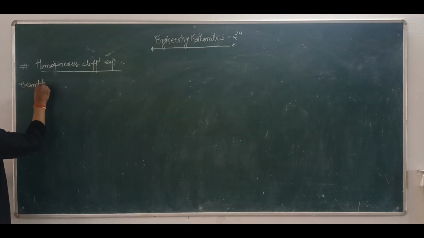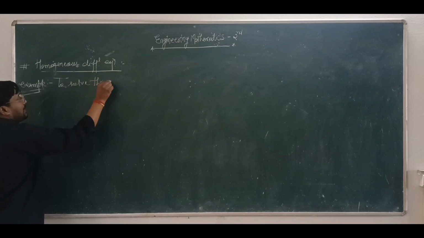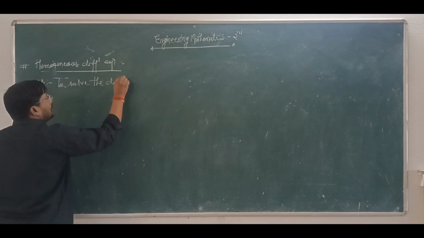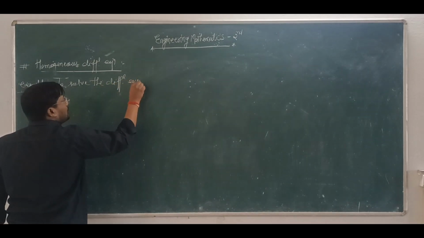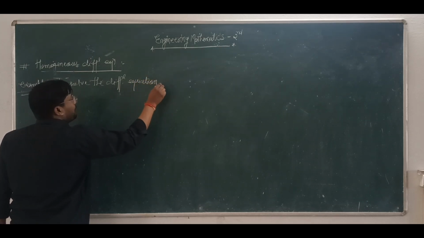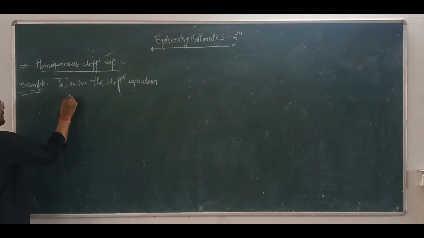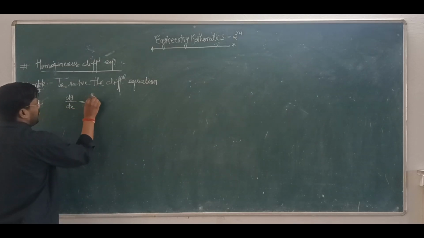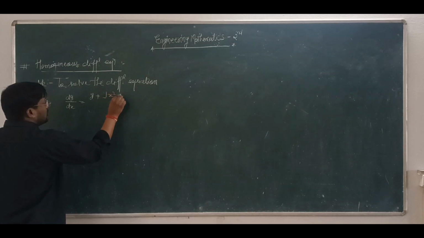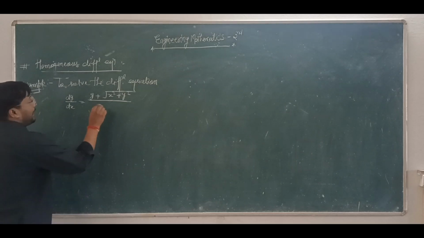Example. To solve the differential equation, you can note down the differential equation: dy by dx is equal to y plus under root x square plus y square, total upon x.